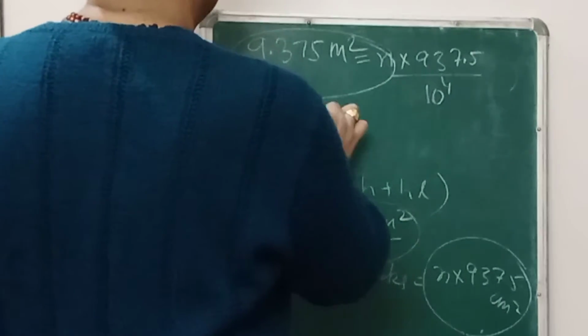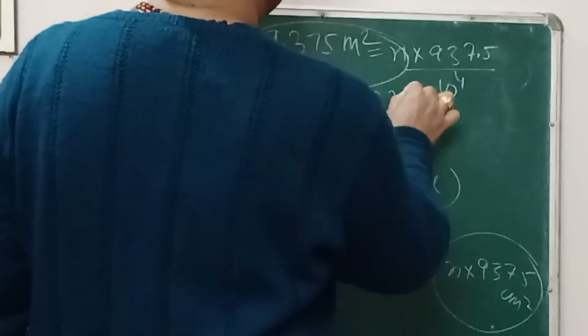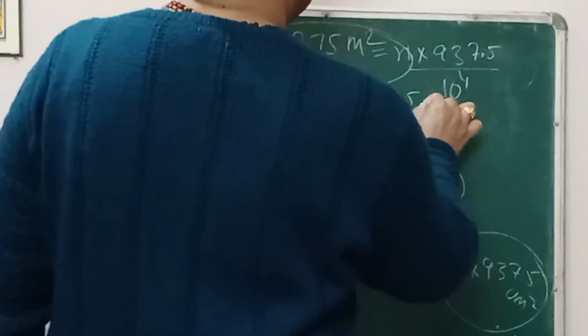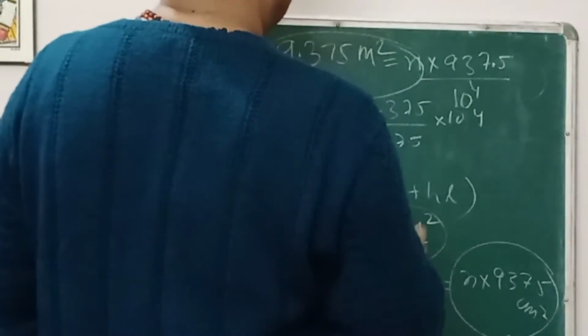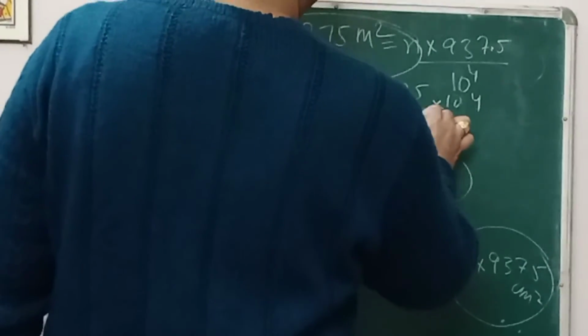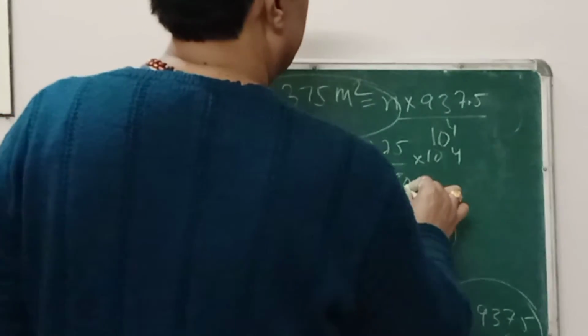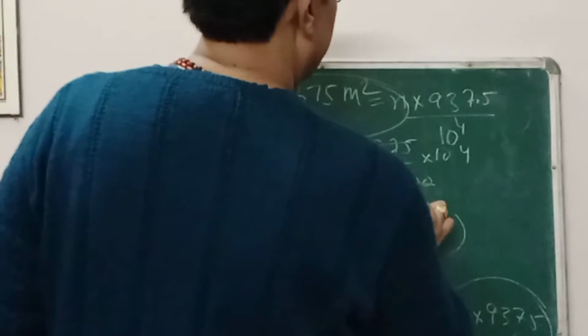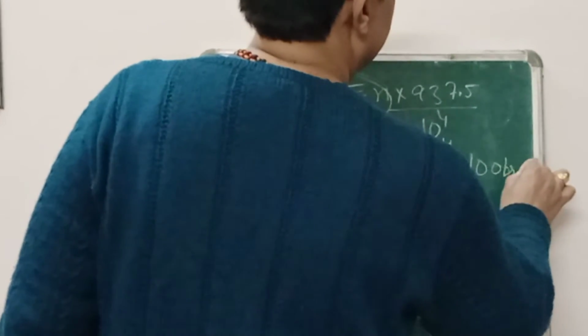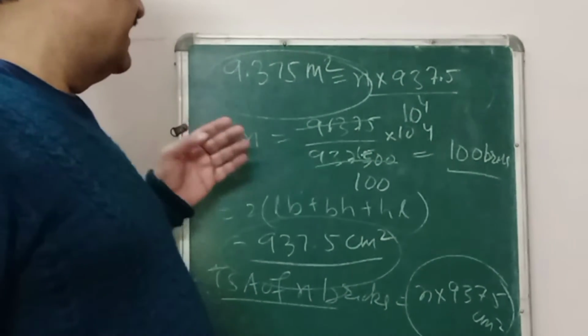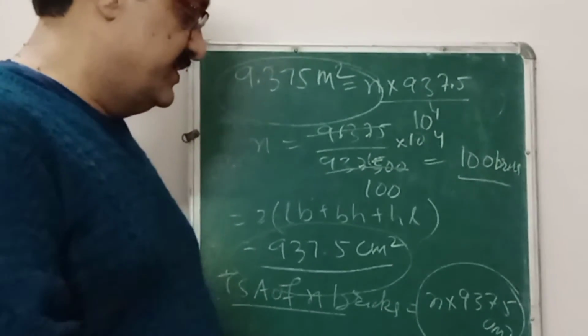So the value of n will be 9.375 divided by 937.5 into 10 to the power 4. Upon calculating, we will get the value of n as 100 bricks, and this is the answer.